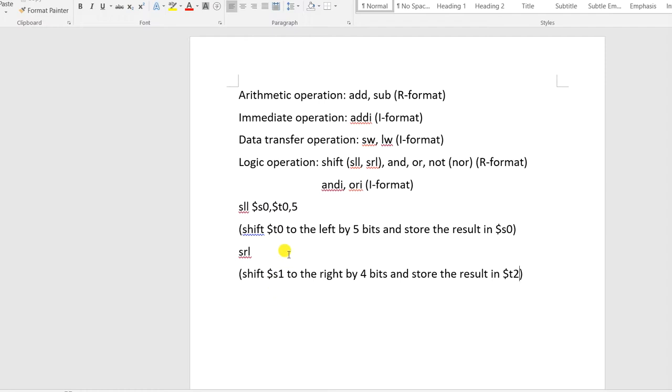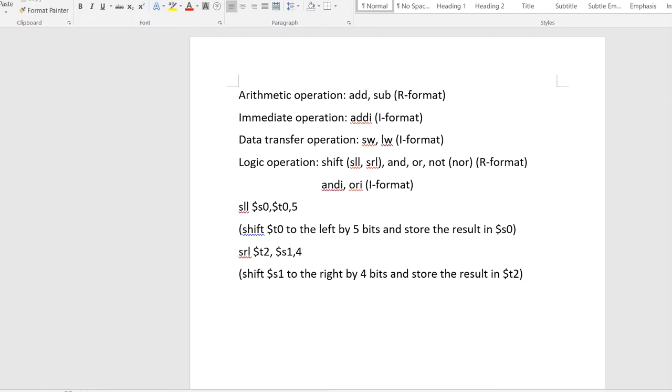I want you to pause here, try to figure out how you represent this high-level operation using assembly language shift right logic, and then compare with the solution here. Basically, it will be the operation, followed by the destination, followed by the first source operand, and followed by the second source operand, which is shown here. I hope you get the general idea.